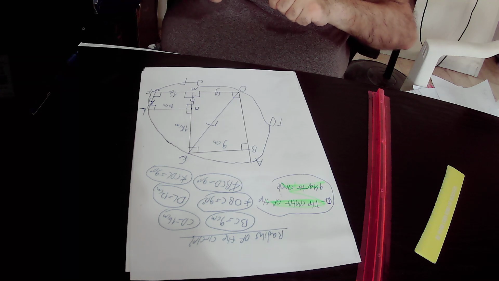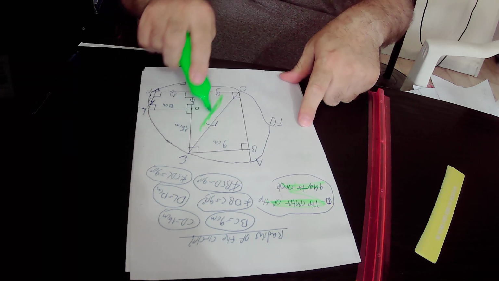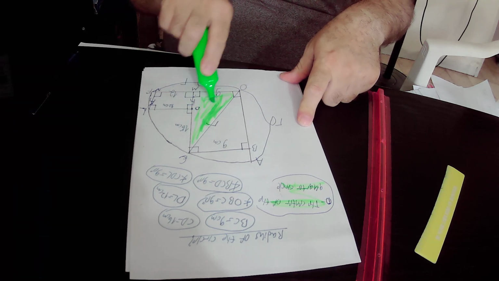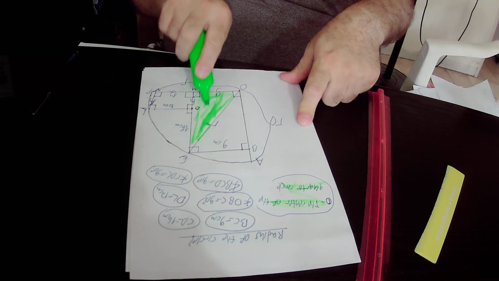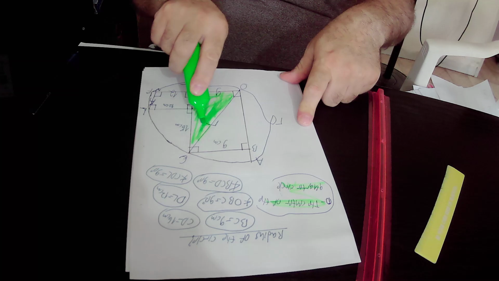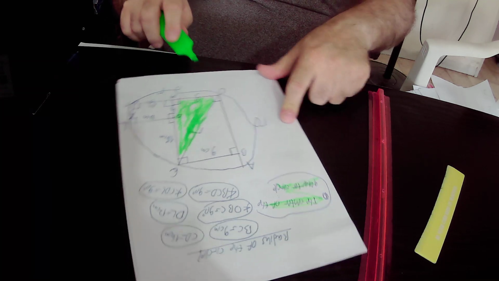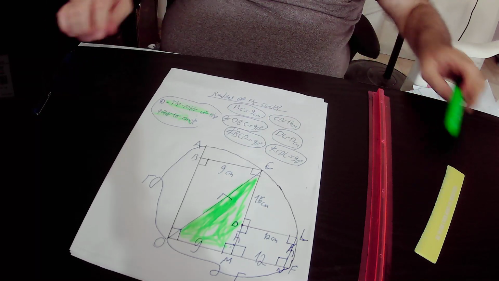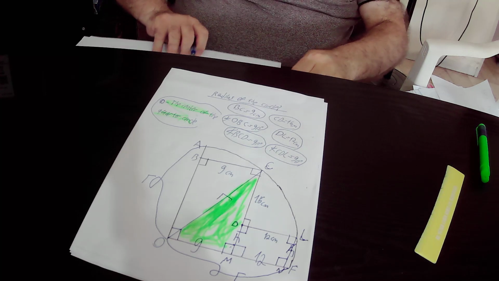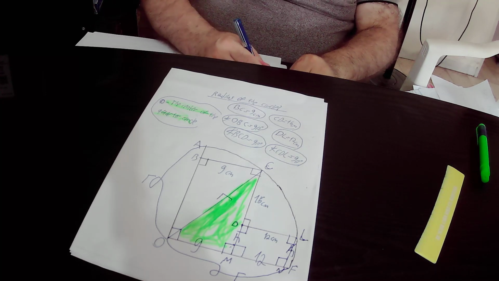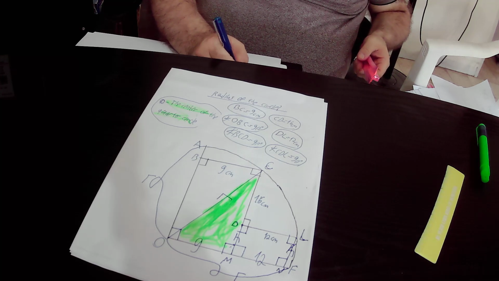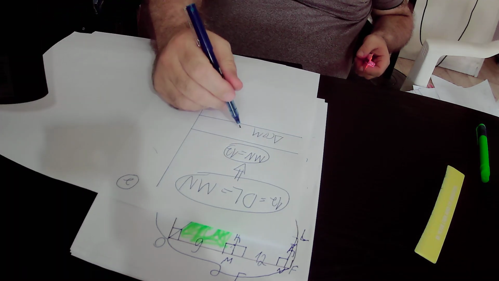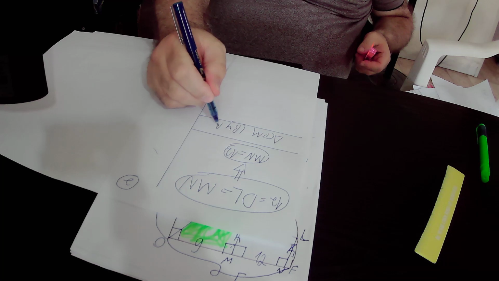In the next step, we will implement the Pythagoras theorem on the green right triangle, triangle COM. According to the Pythagoras theorem, the square of the hypotenuse equals the sum of the squares of the perpendiculars.